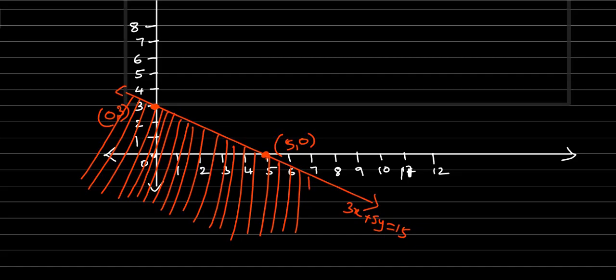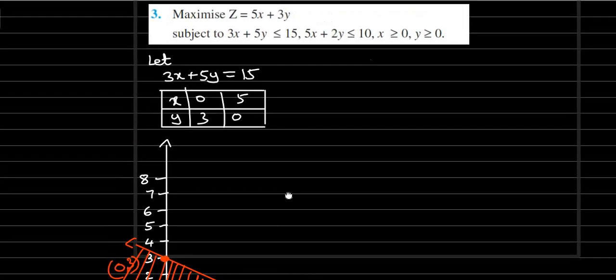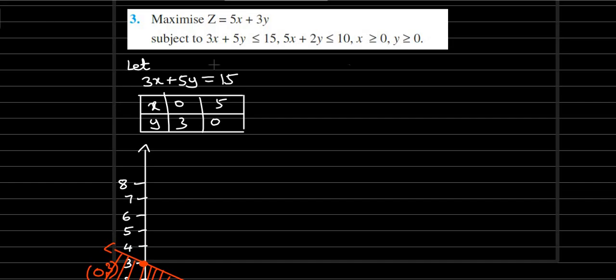Now same way we have to identify the solution space for the second inequality. What is the second inequality here? 5x plus 2y less than or equal to 10. First we have to draw the line, so I am going to consider the given inequality as an equation: 5x plus 2y equal to 10.